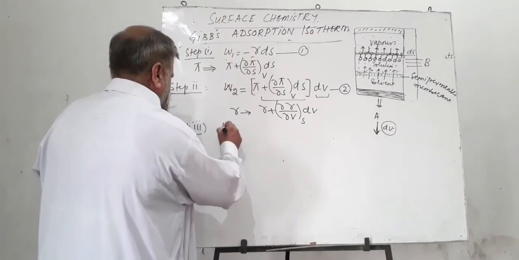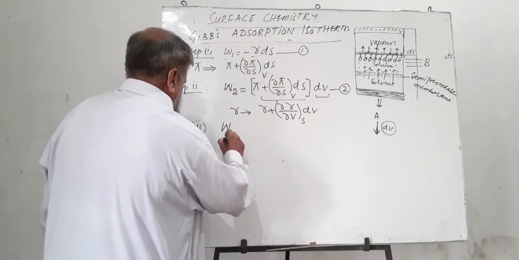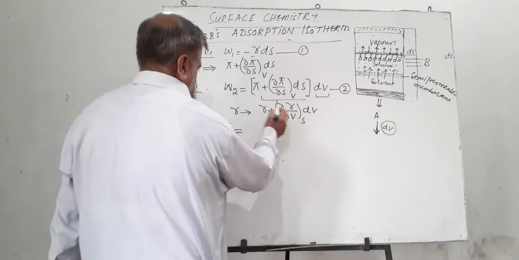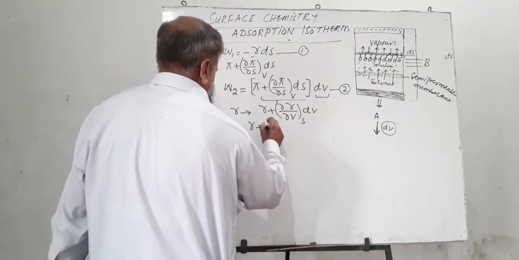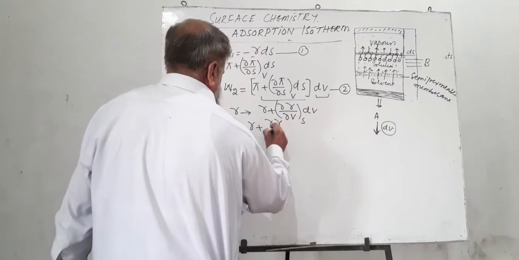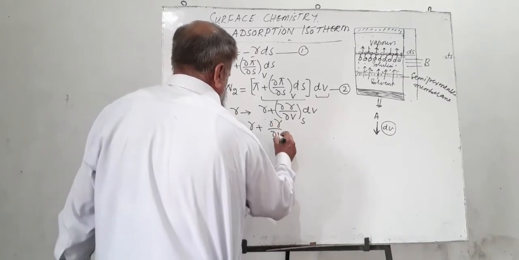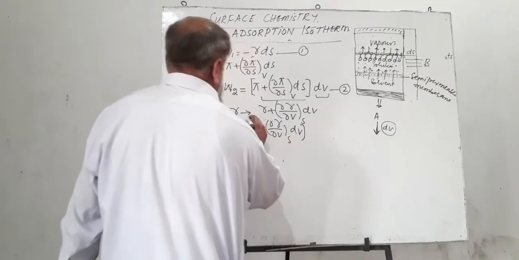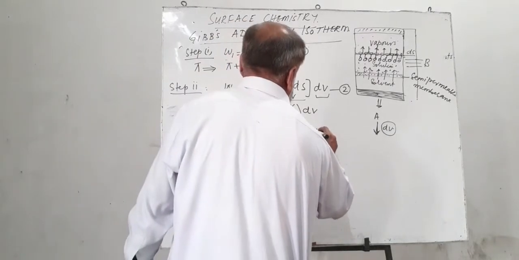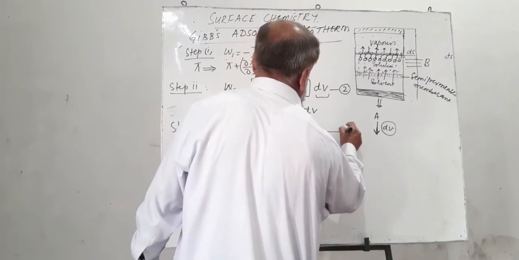Therefore, the work done in this compression process will be W3 equal to the force of surface tension against which we are performing the work, γ + (∂γ/∂V_S) dV, and the displacement is dS. It is equation number 3.